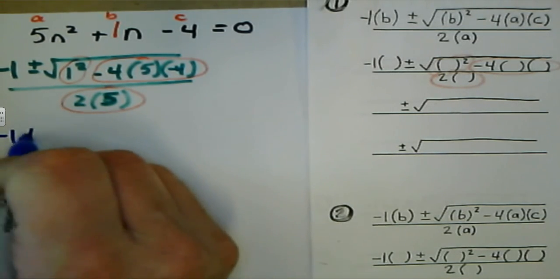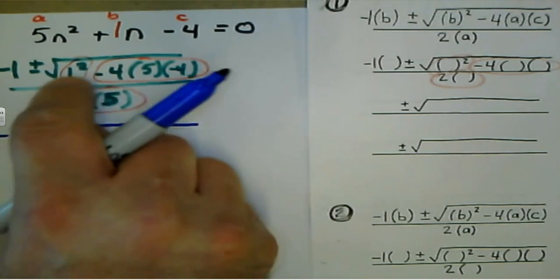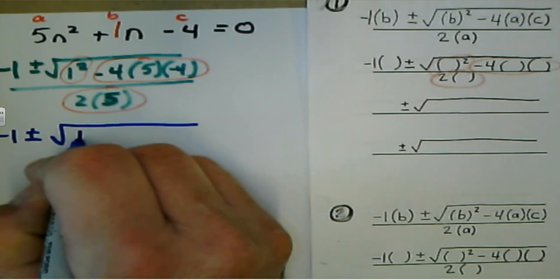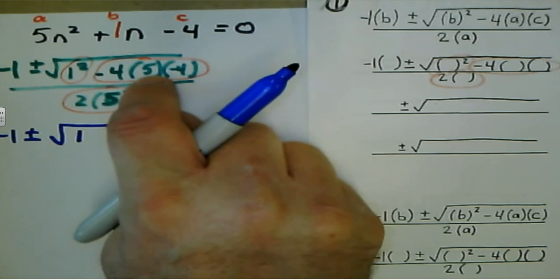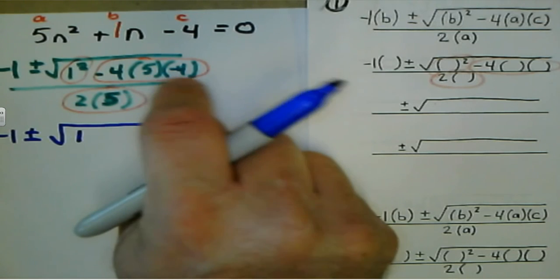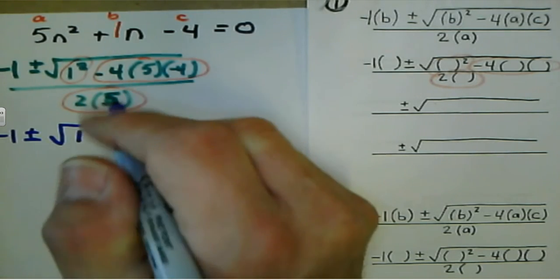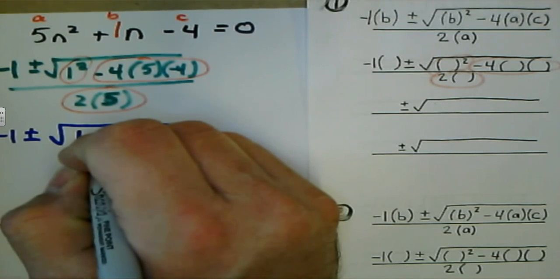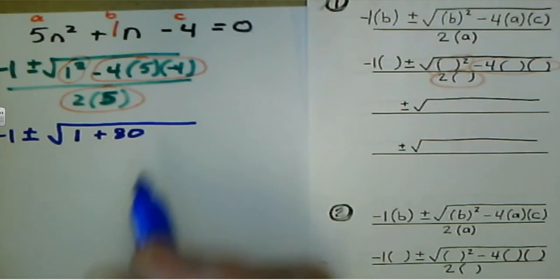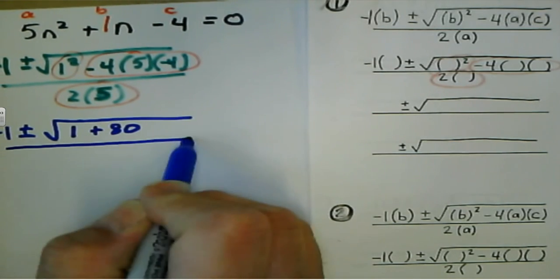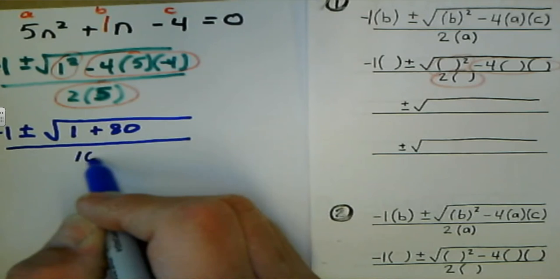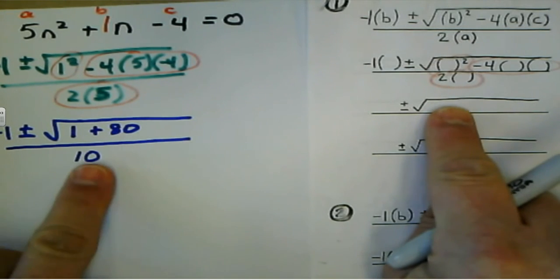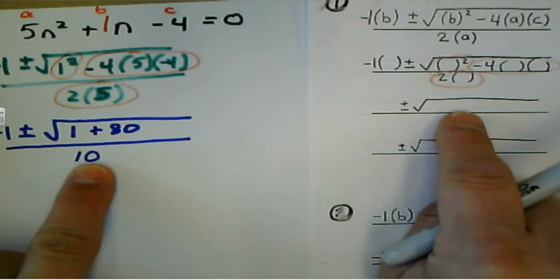Well, first put the negative 1, the plus or minus. 1 squared is 1 times 1 is 1, right? Negative 4 times 5 is negative 20, and negative 20 times 4 is, what is that, 80? 80. 2 times 5 is 10. Now I have this, right?